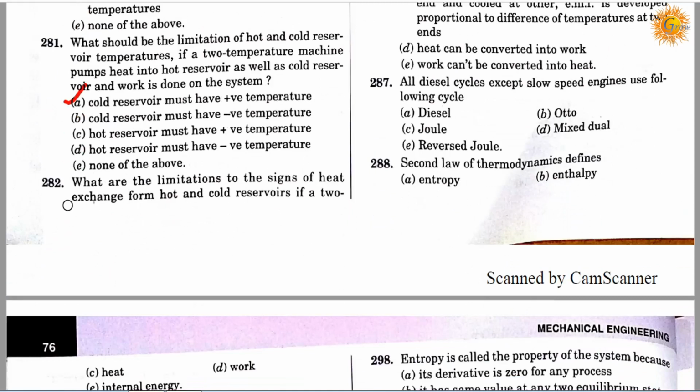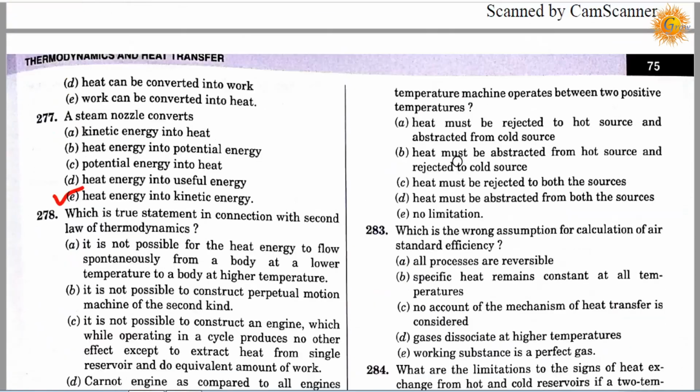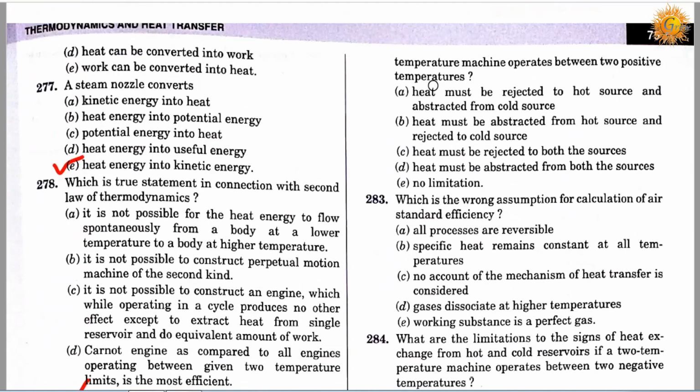Question number 282. What are the limitations to the signs of the heat exchange from hot and cold reservoir if a two temperature machine operates between two positive temperatures? Option A, heat must be rejected to hot source and abstracted from cold source.